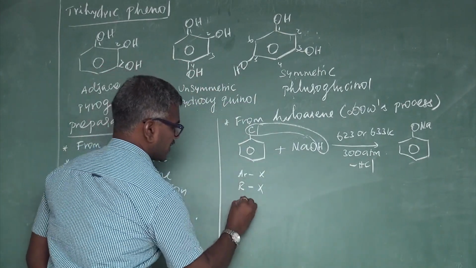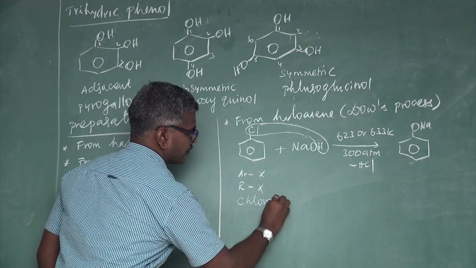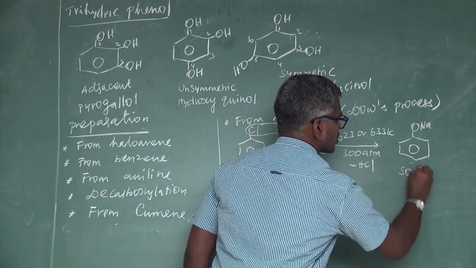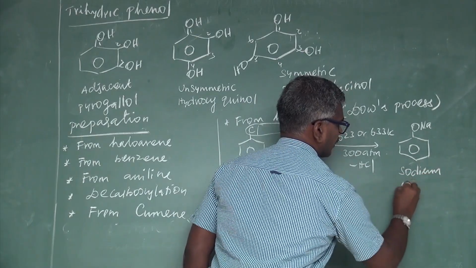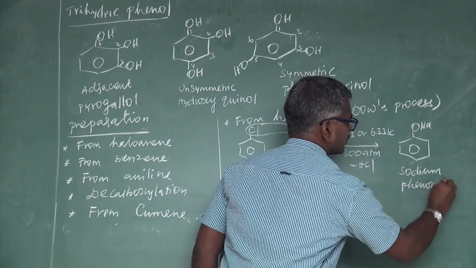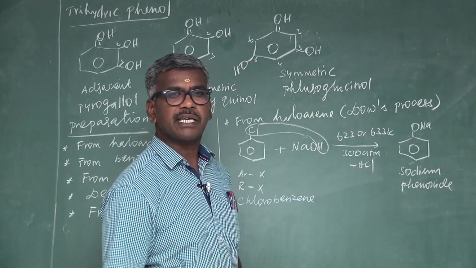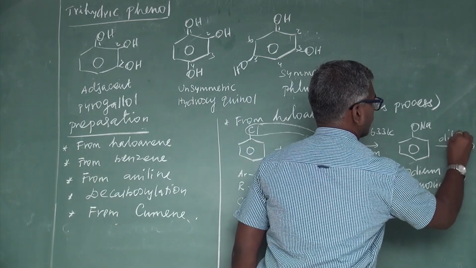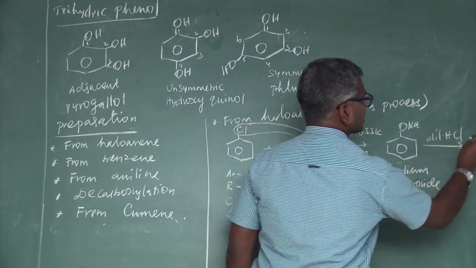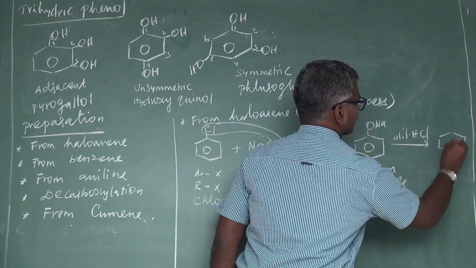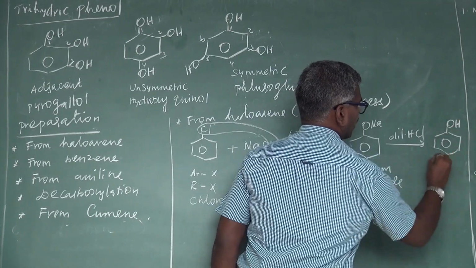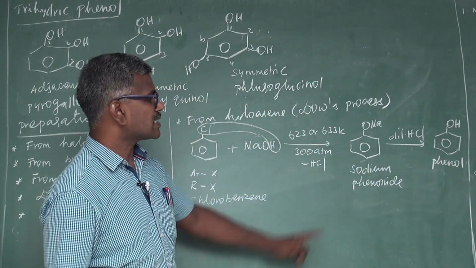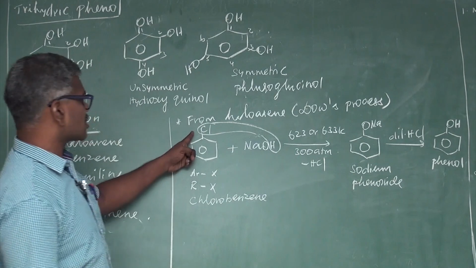This is chlorobenzene. This is sodium phenoxide. This sodium phenoxide decomposes with dilute HCl, removing NaCl to form phenol. Phenol, or carbolic acid, is an aromatic alcohol. This is the first method.